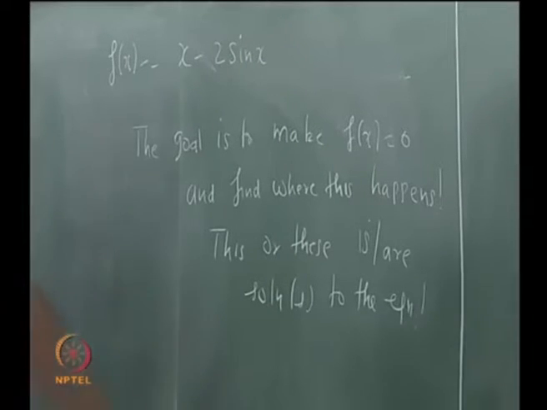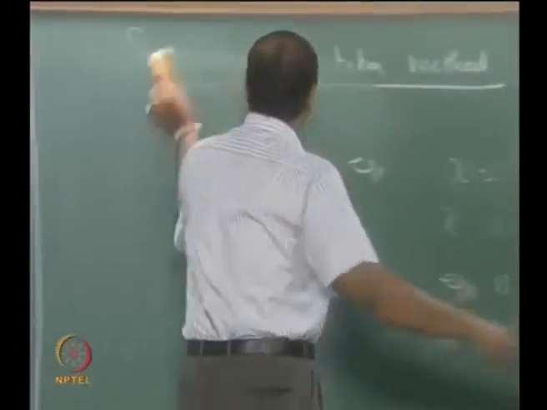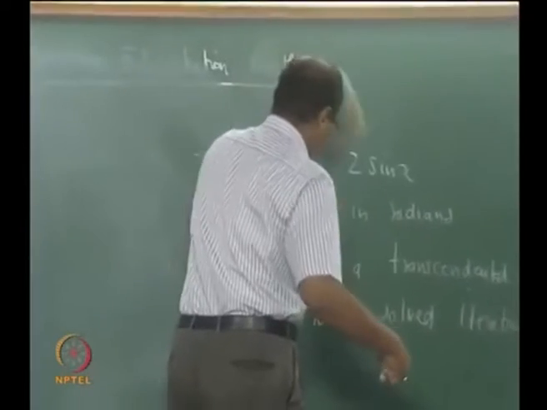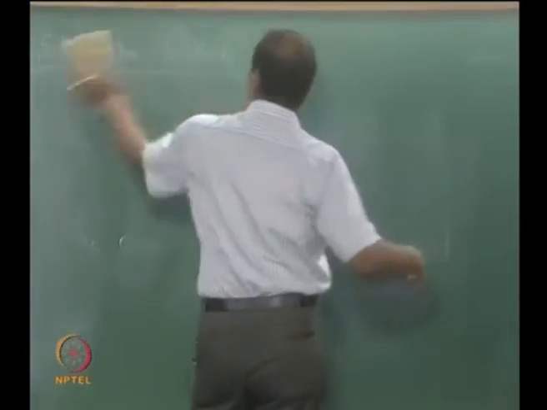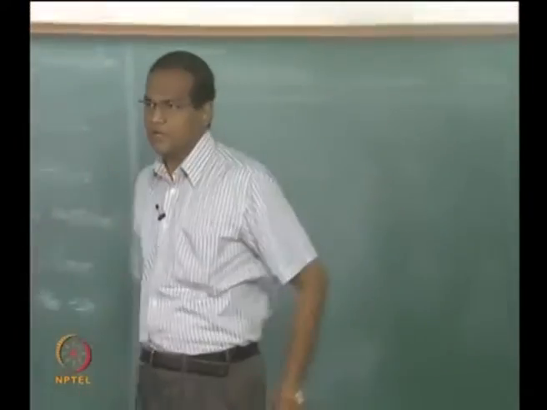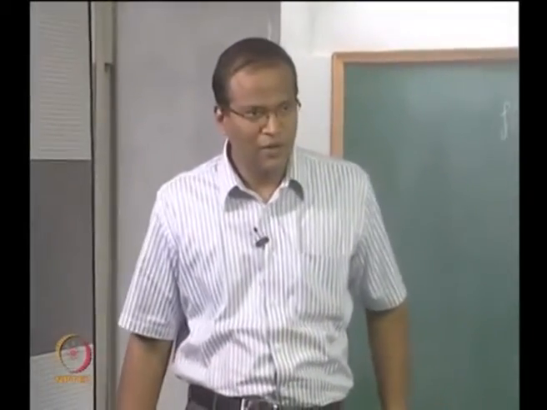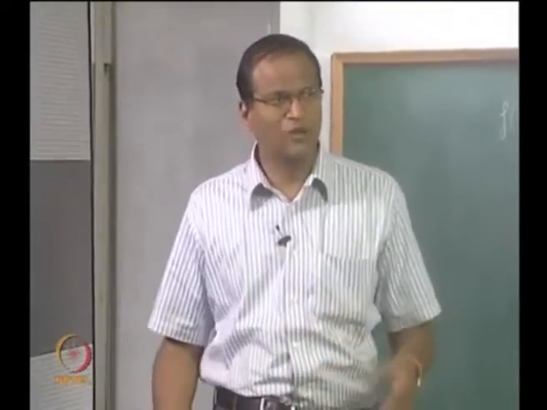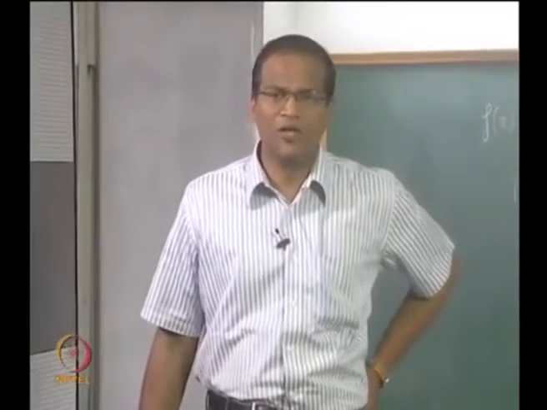If you want to do successive substitution, you have to write an algorithm for this, and then either do hand calculation with your paper, pencil and calculator, or go to the computer and do it.